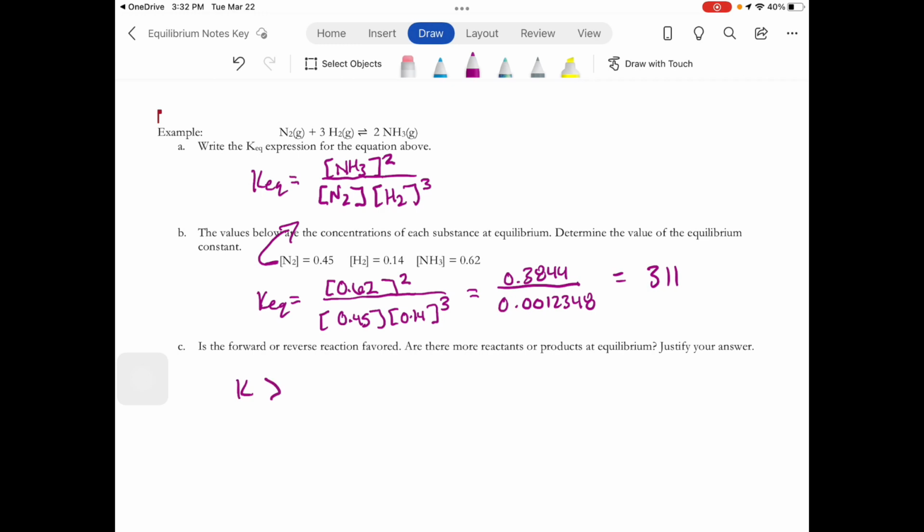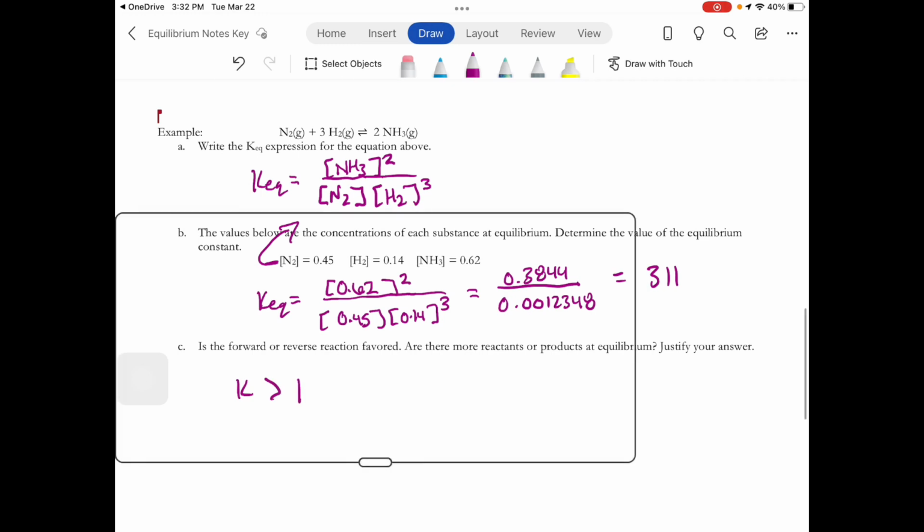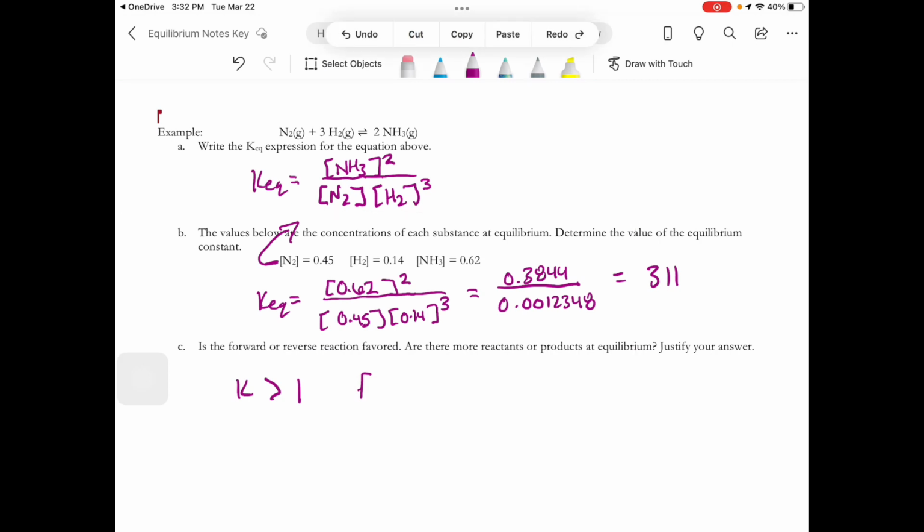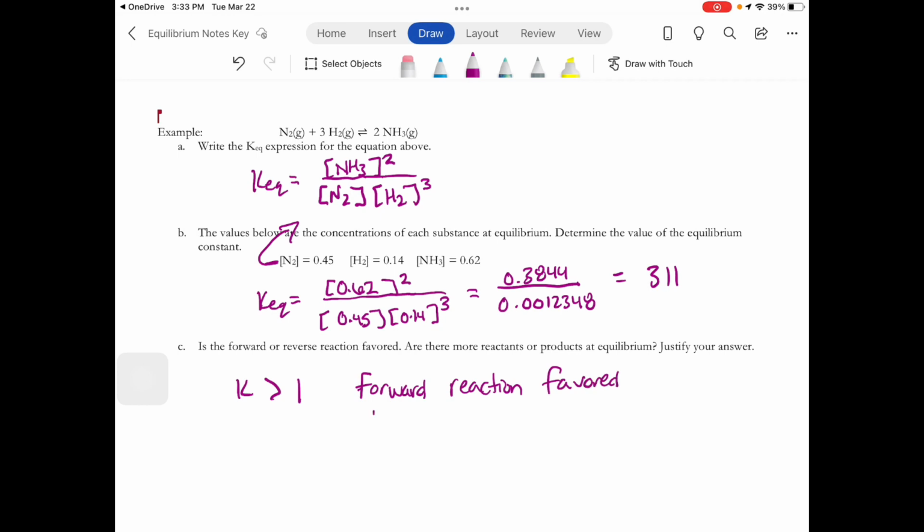Because your K is more than 1, the forward reaction is favored, and there are more products at equilibrium. To justify your answer, this is all you need.